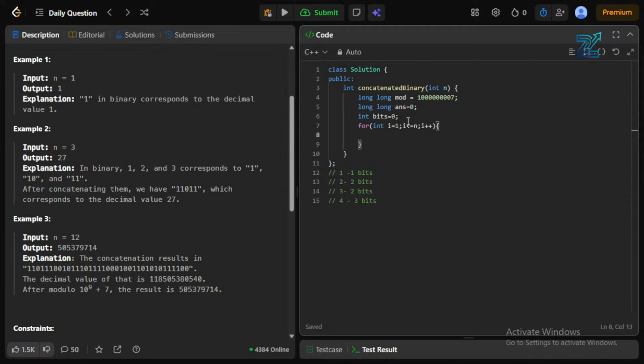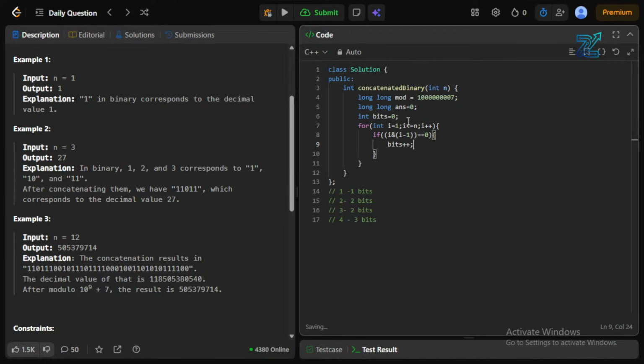Then we will write one condition. What condition? If i and i minus 1 equal to 0, then what am I going to do here? I am going to increase my width.